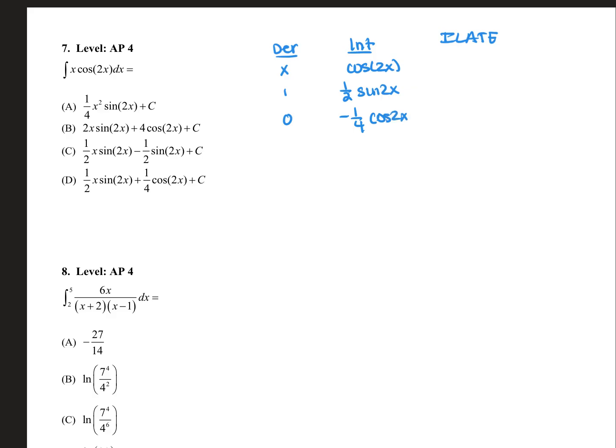We alternate in the front, and then cut across. So this works out to be x over 2 sine of 2x plus 1/4 cosine of 2x plus c, which works out to be d.